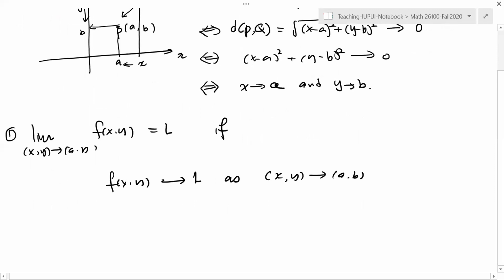Now, there's a very precise definition for the limit, okay? It's easy to understand this part.